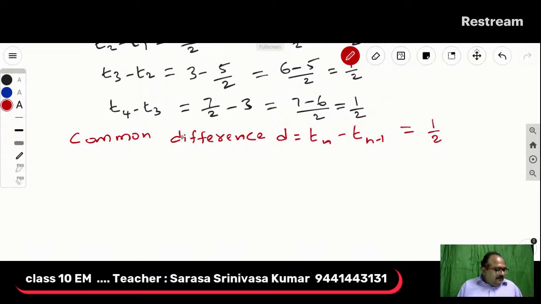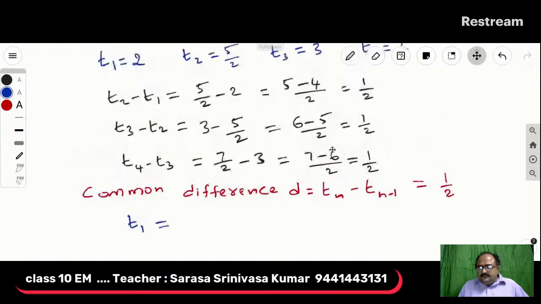In this problem, they ask to find three more terms. Here the first term is given. What is the first term? 2. Next, the common difference is 1 by 2.